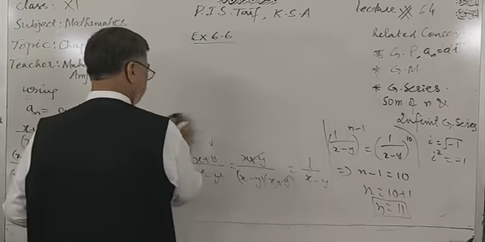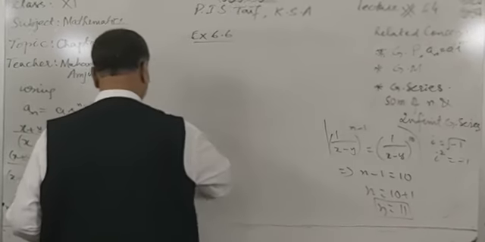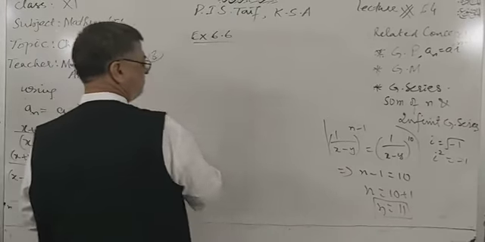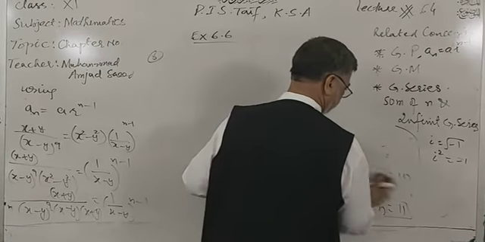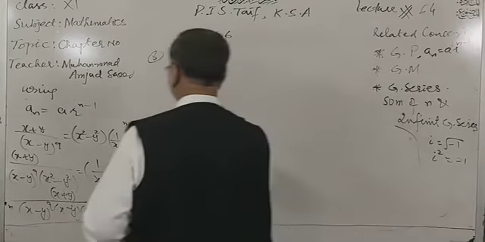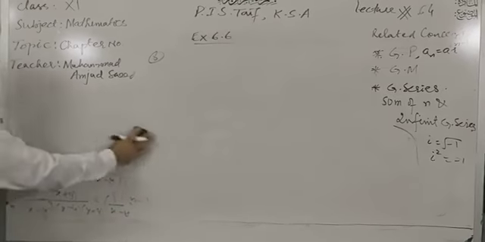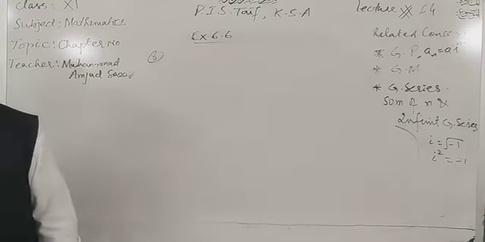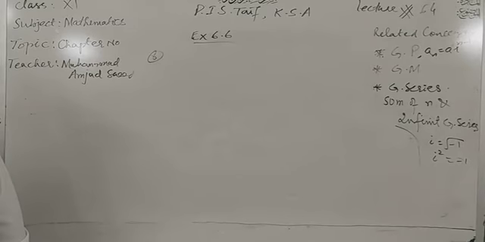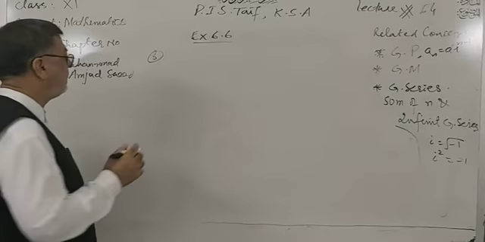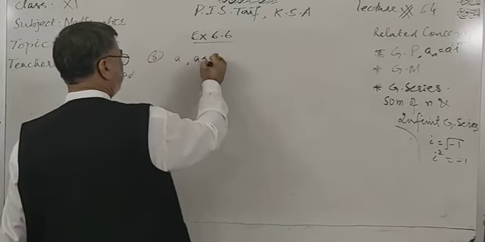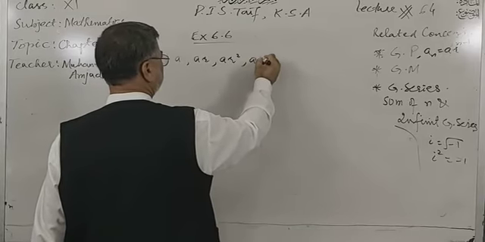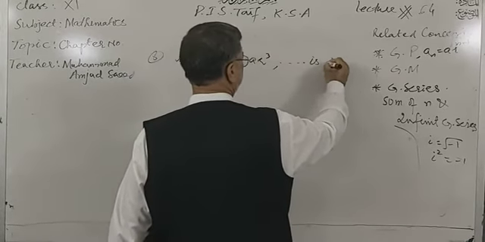After that, we have question number 8. What is question number 8? Show that the reciprocal of the terms of geometric sequence A, AR, AR square, AR cube, and so on is GP.